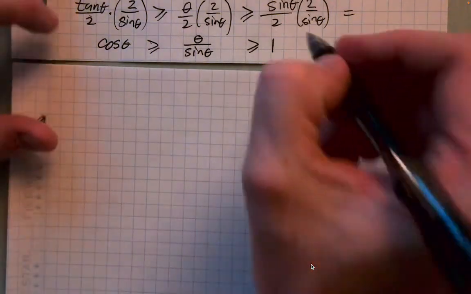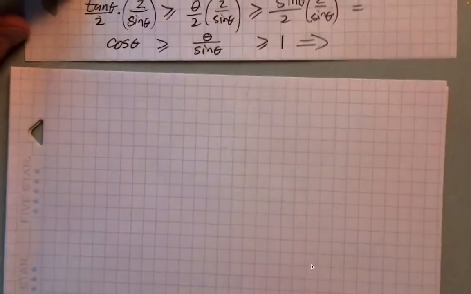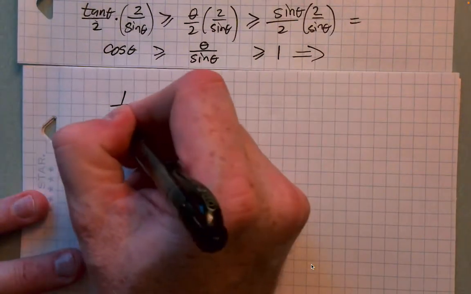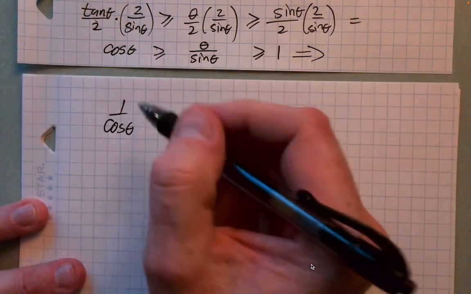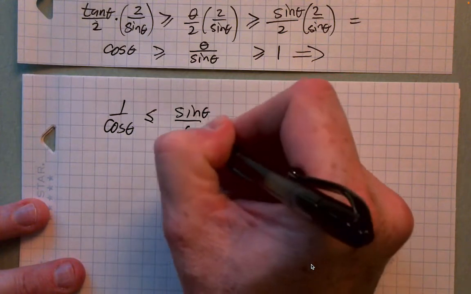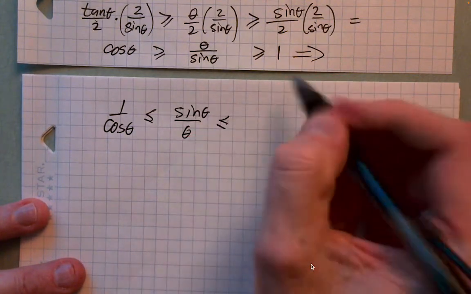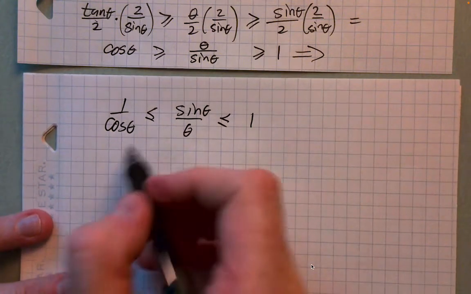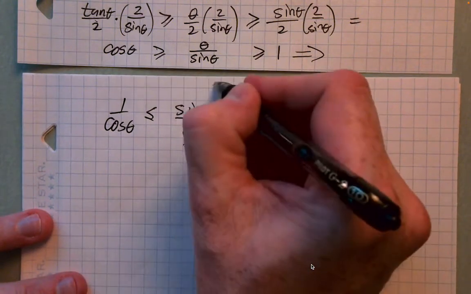So this implies that you have 1 over cos theta, which is less than or equal to sine theta over theta, which is less than or equal to the reciprocal of 1, which is 1.